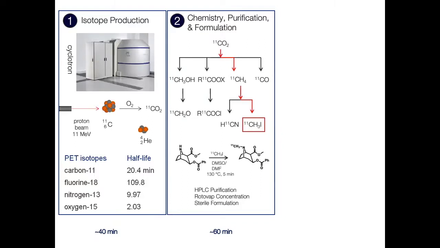But as a second step, once you have your radioactive isotope, so in this case C11, you then need to attach your radioactive isotope to a molecule of interest. This is your biological molecule of interest that you would like to image.